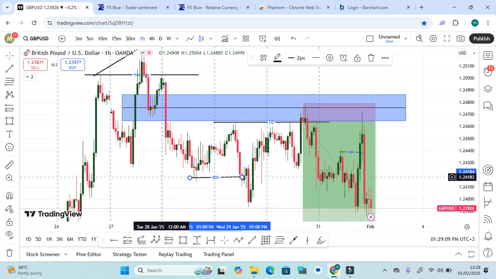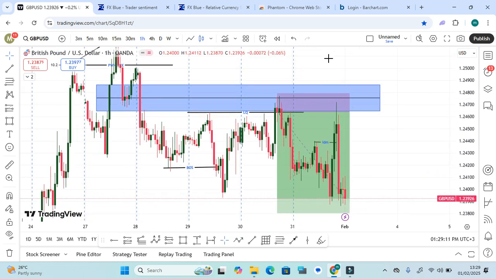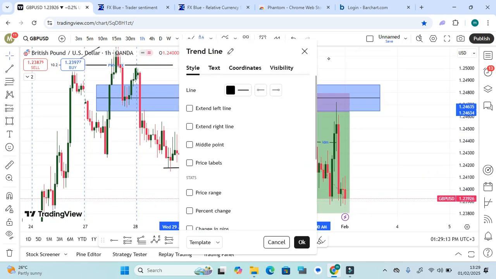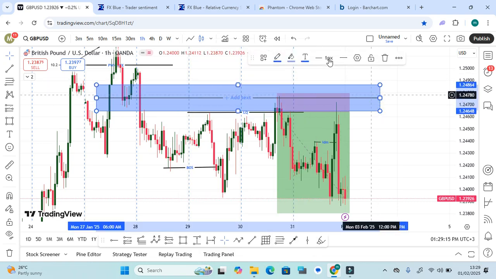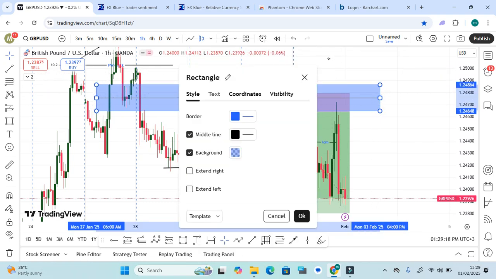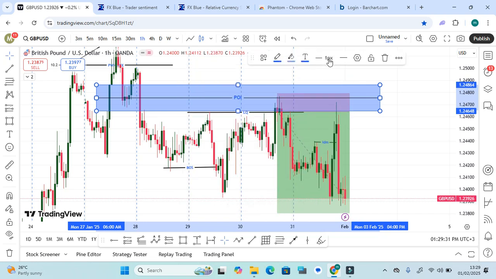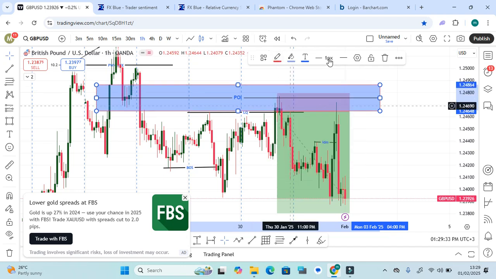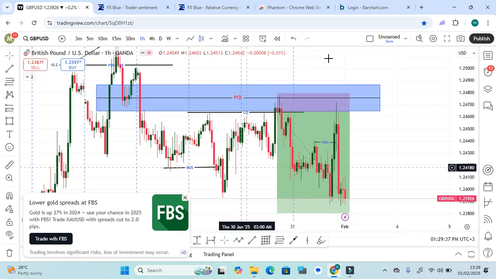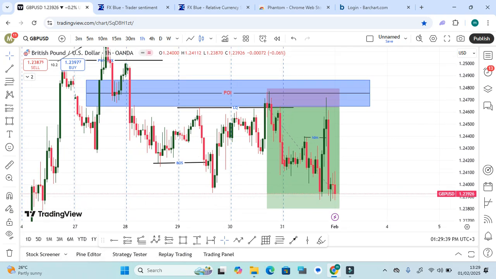So we can see we have a point of interest above here. This was broken and we're waiting for a retest. So let's call it point of interest.